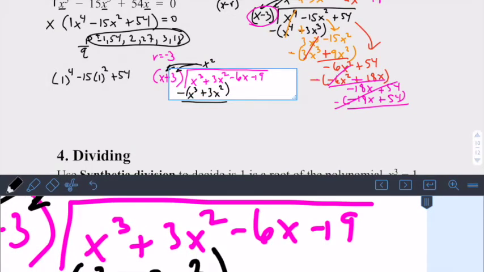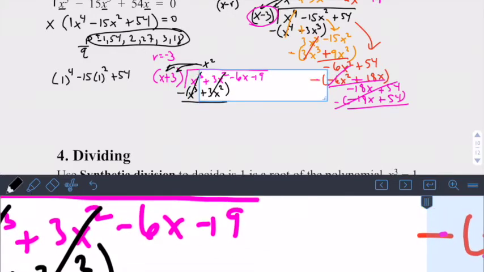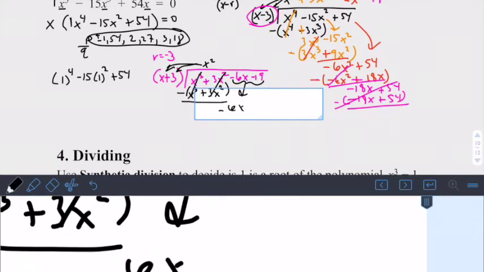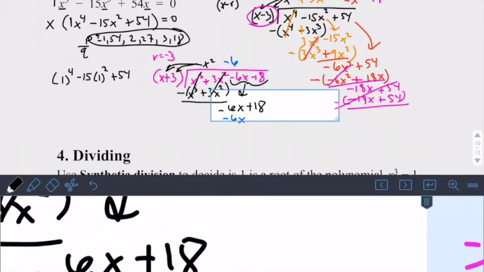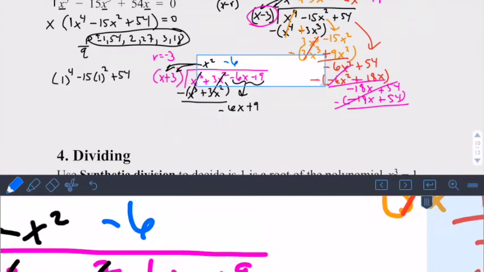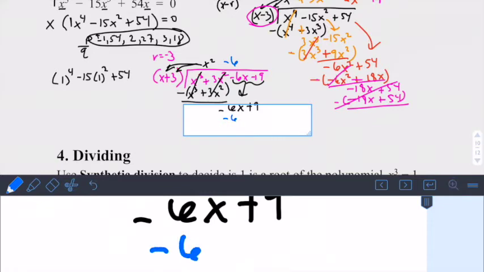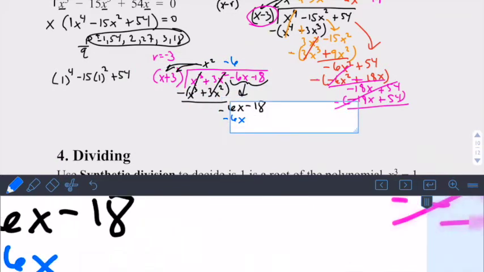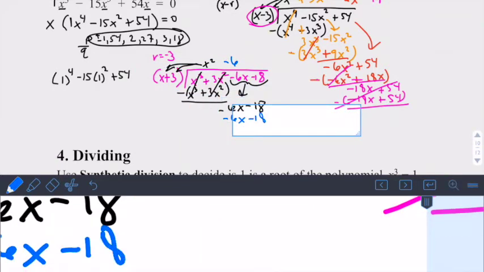We subtract, cancellation. This will also cancel, so we can skip down to bringing both of these. And -6 times x. -6 times 3 is -18.